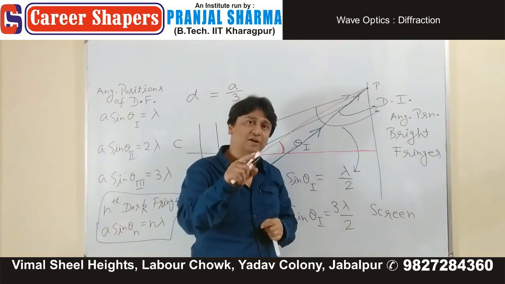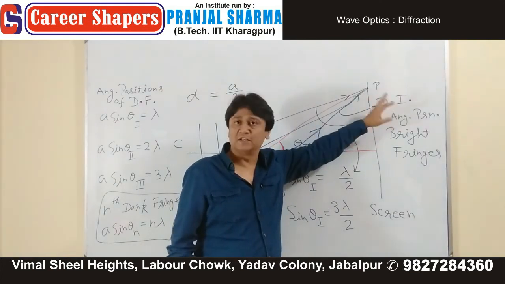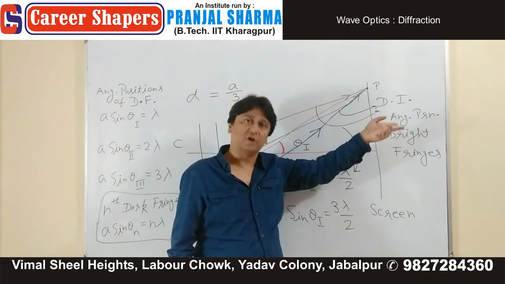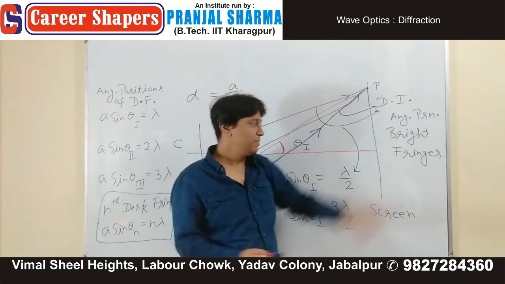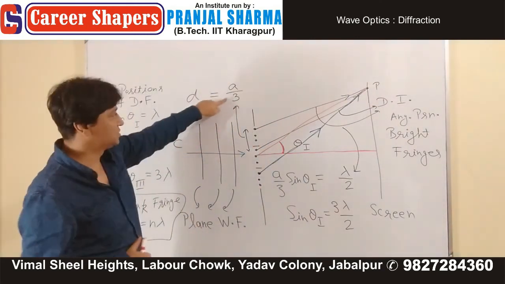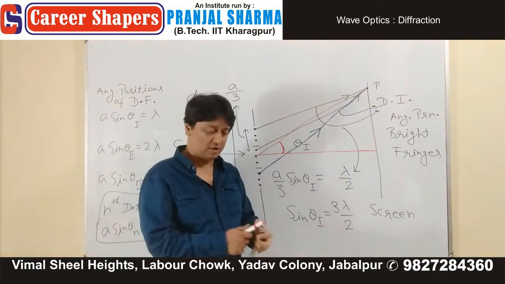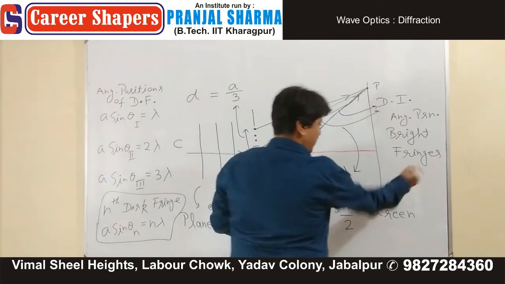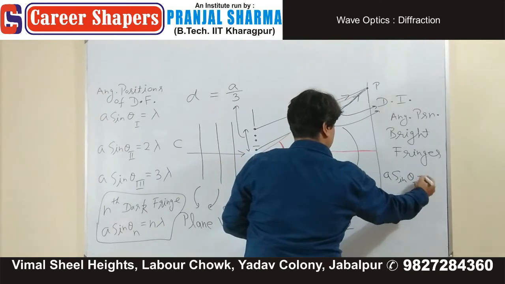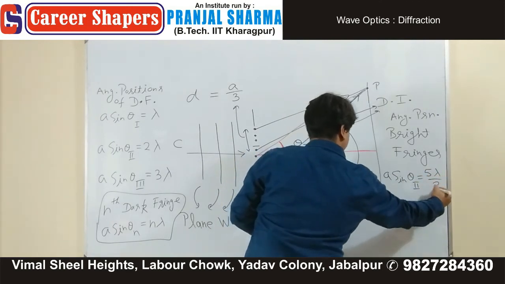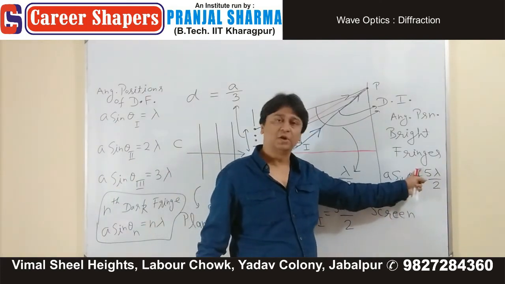So destructive interference takes place between first and second, third and fourth, but the last one, the fifth, survives. If you are making 5 partitions, this will become A by 5. This will be lambda by 2 only. Transfer 5 here and you get A sine theta as 5 lambda by 2. This is the angular position of your second bright fringe.